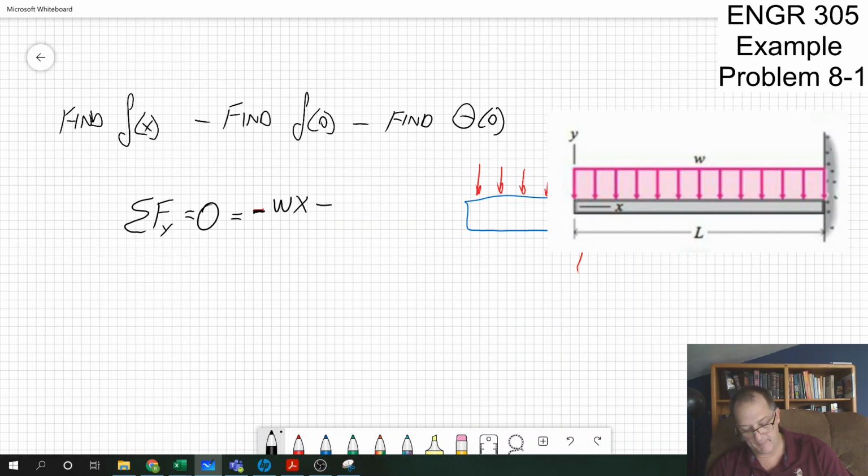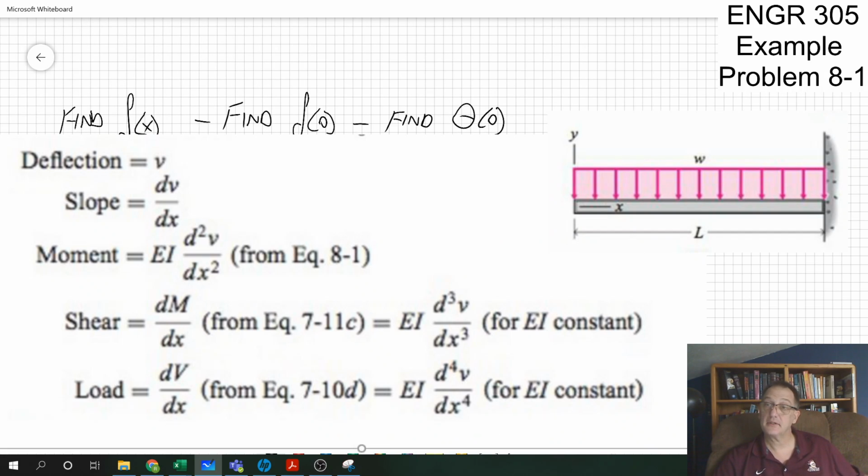And then I have my minus VR, maybe I should label that VR and MR. And that's all I have. So VR is equal to minus W times x.